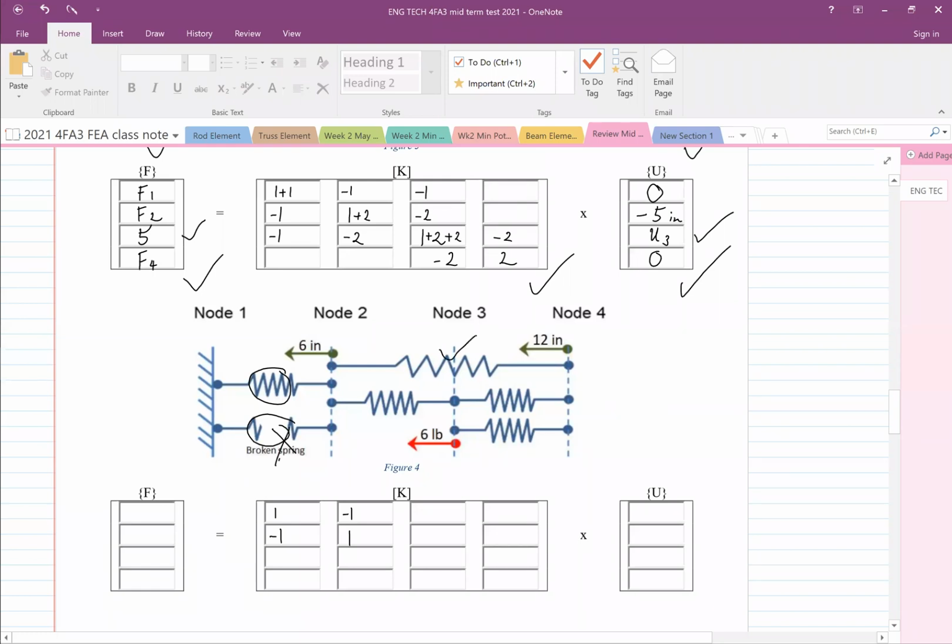So 2 and 4 will be right here, +2, -2, 2. And between nodes 2 and 3, there's an element which is a +1, -1, -1, 1.